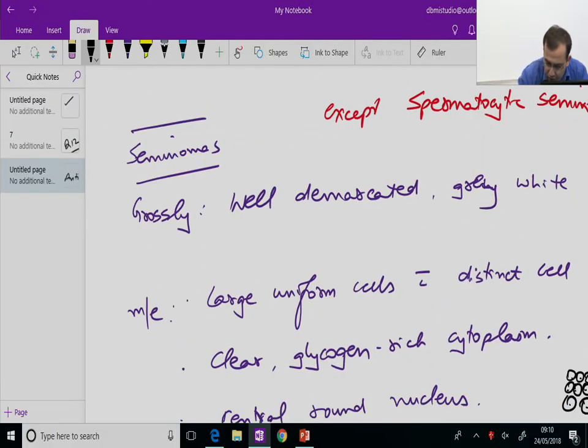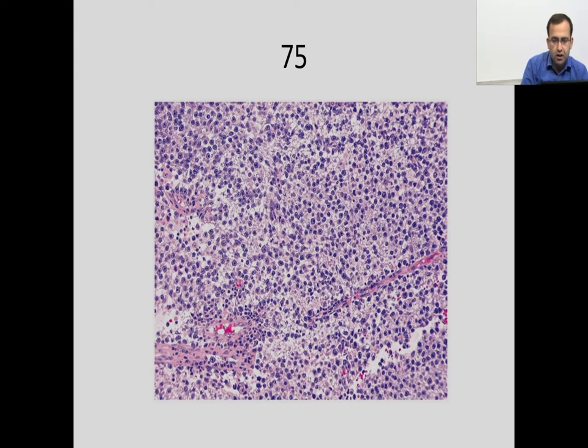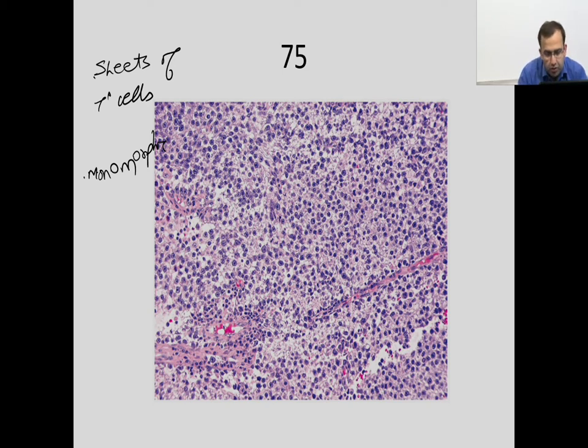So let us see what it looks like microscopically. This is the appearance of seminomas. It shows sheets of tumor cells with a monomorphic appearance, that is, a similar looking appearance with round cells, central nucleus and clear cytoplasm.